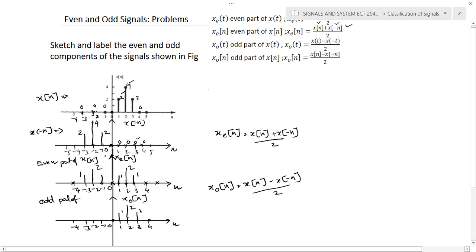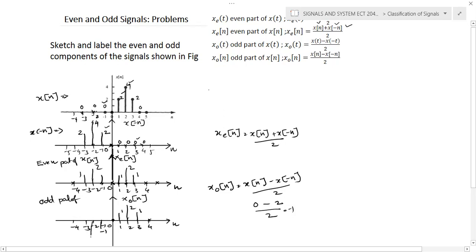Now for the negative side, you need to find out x of n minus x of minus n. So n is equal to minus 1, you can see that it's 0 minus 2. Here it is 0, here it is minus 2. 0 minus 2 by 2. Okay, you'll get minus 1. So it becomes minus 1. And for next value, it's 0 minus 4 by 2.